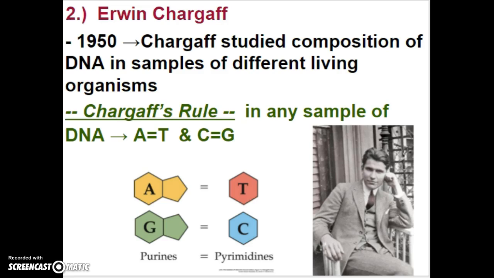So there was some kind of association between these pairs of letters. The amount of adenine and thymine were always equal in a DNA sample, and the amount of cytosine and guanine were always equal in the same sample.